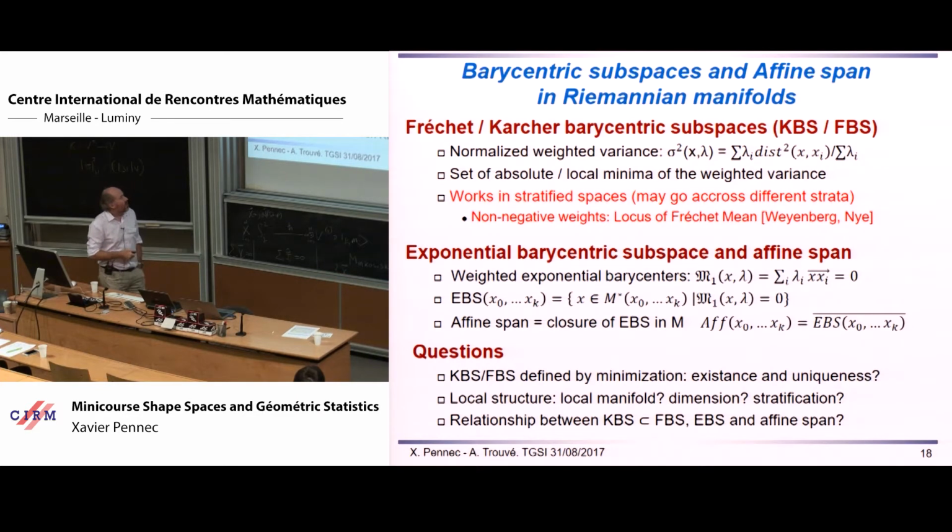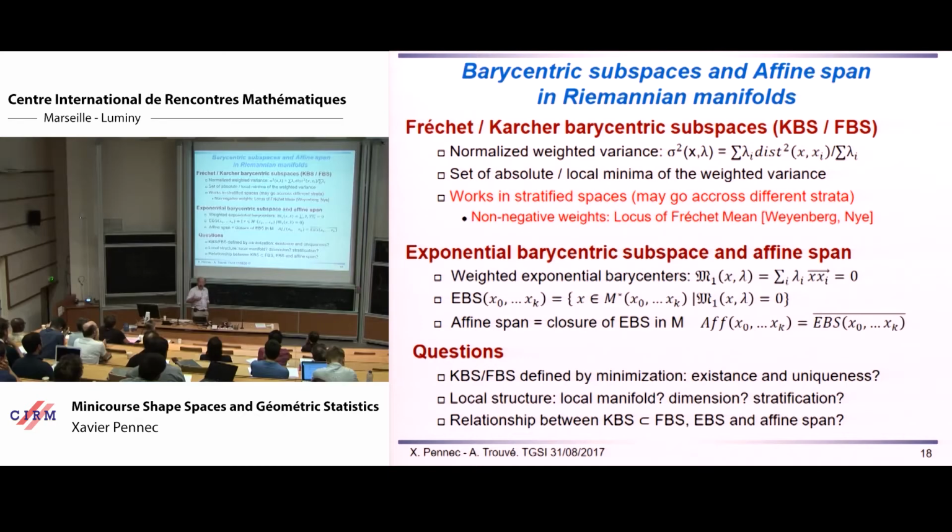This equation is a kind of matrix equation on the tangent space at each point, and we're finding the 0 of that. The last definition works only if this is defined, so it is not working at the cut locus of reference points, so the affine span will be the completion of that space.